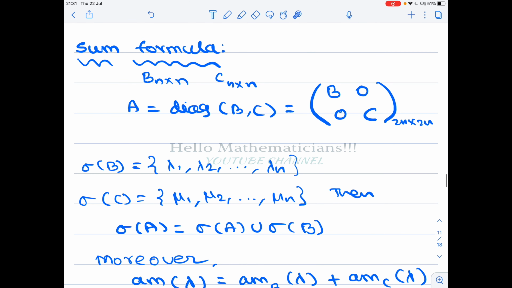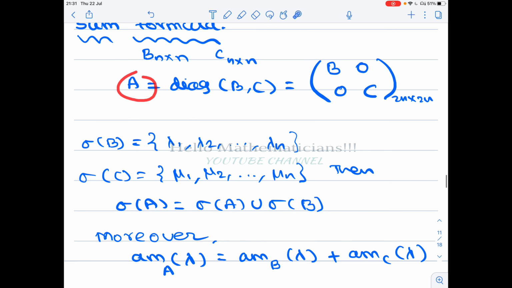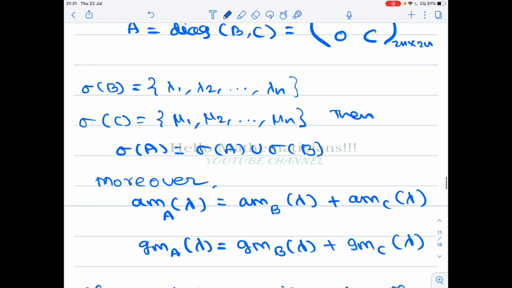Here sigma of B means the spectrum of B, or eigenvalues of B. Let the eigenvalues of B be lambda 1, lambda 2, etc., lambda n, and the eigenvalues of C be mu 1, mu 2, etc., mu n. Then the eigenvalues of A are nothing but the eigenvalues of B union the eigenvalues of C, but as a multi-set.